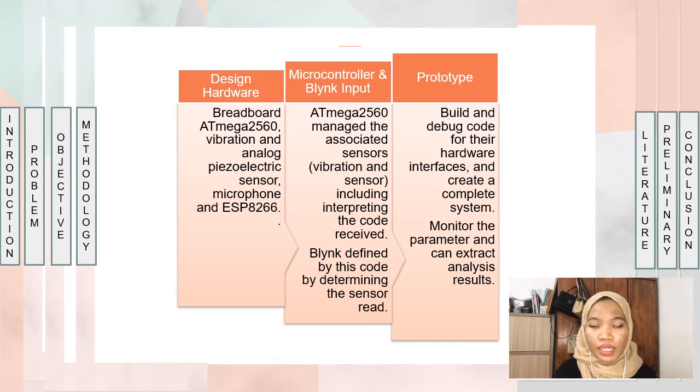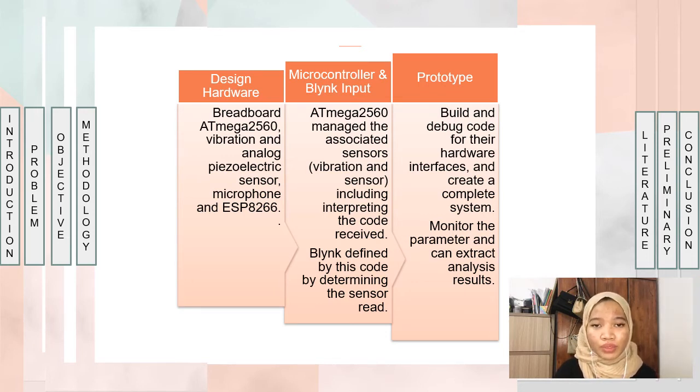Secondly, in the sensor interface software, the microcontroller program code and the Blynk application code were two important components. The ATmega2560 managed the associated sensors, including interpreting the code received. The data speed to read and store ESP8266 sensor readings and when to transmit Blynk sensor readings through iOS or Android was all defined by determining the sensor rate.